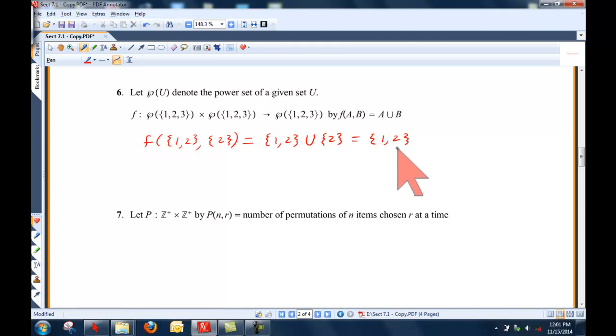No. And second of all, does it end up in the right place? Is {1, 2} really in the power set of {1, 2, 3}? Well, yes it is. This is the set of all subsets of {1, 2, 3}. This is one of them. So this works. And notice that this time the inputs to the function are not numbers at all. They're sets, other types of things that we've worked with in this class.